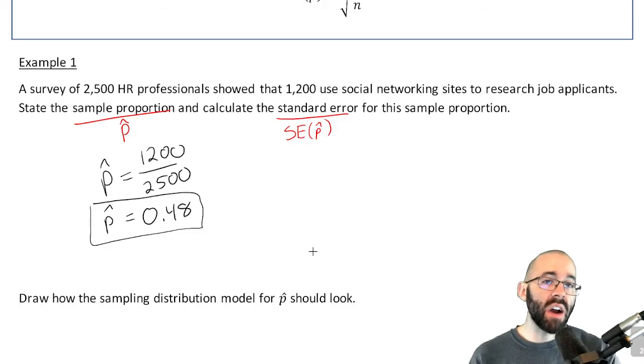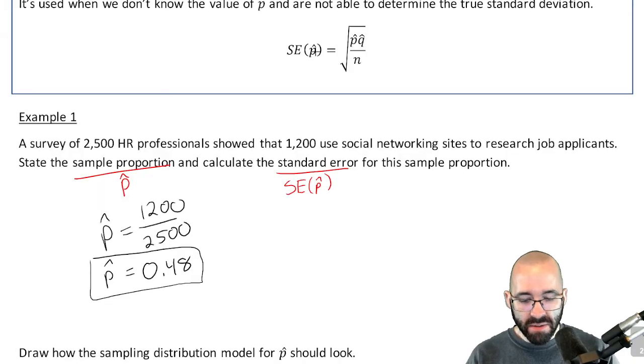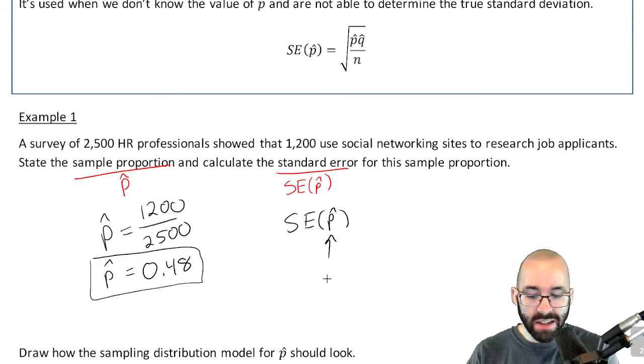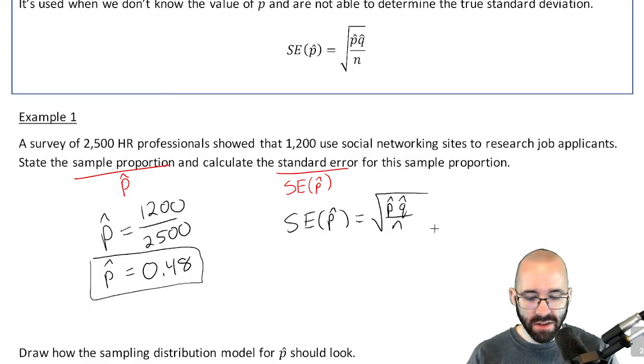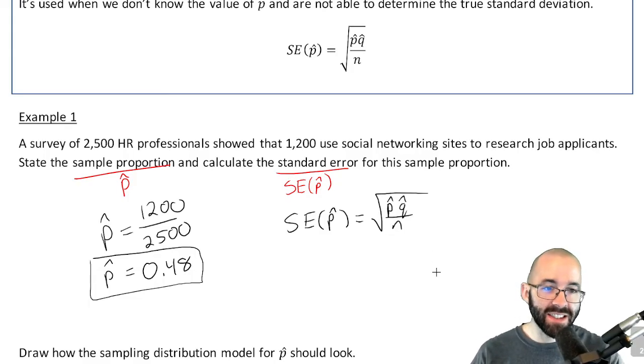Now we also need to find the standard error. Okay, so the standard error, what was that? We have that formula. The standard error is based on p hat, that's why this is on the inside of parentheses. That'll just be the square root of p hat times q hat over n. Look, it looks like a little sad face. But you won't be making sad faces, I'm sure, while you're doing confidence intervals.